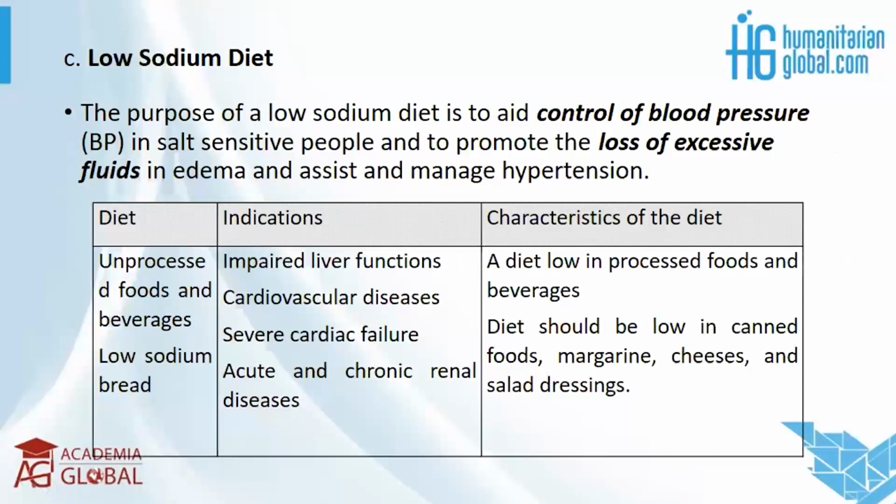Low sodium diet. Now, this one is a diet low in dietary salt. The purpose of the low sodium diet is to control blood pressure in people who are salt sensitive, to promote the loss of excessive fluids in edema, and to assist in managing hypertension.